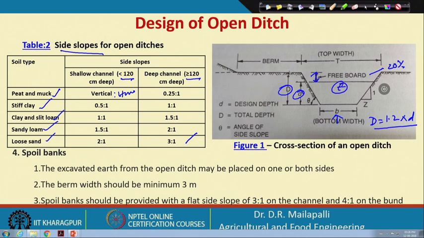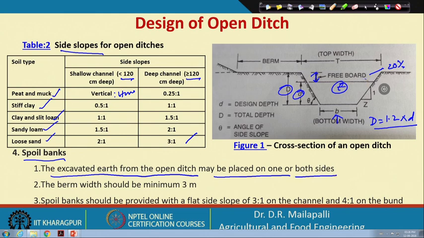And there is a berm. Berm is also like a spoil bank. Spoil banks are very important. This will help in controlling the collapsing of the side slopes and other things. The excavated earth from the open ditch may be placed on one or both sides.